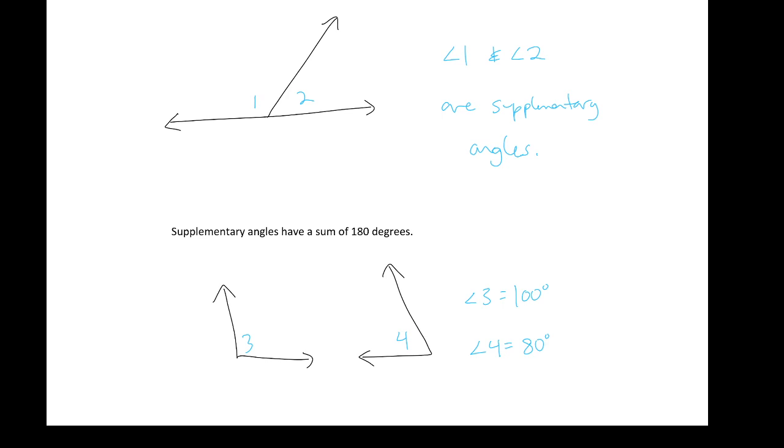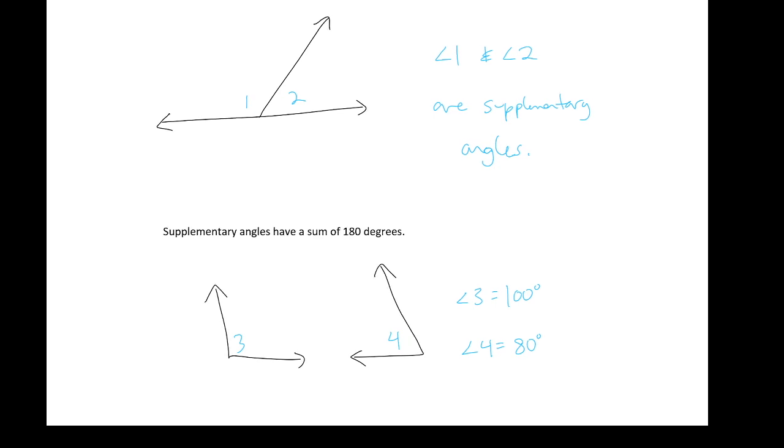Which is going to be kind of a slam dunk for us. Here's the definition: angle sum is 180. So 100 plus 80 is clearly 180. We should be able to make that conclusion very simply, that angles 3 and 4 are supplementary.